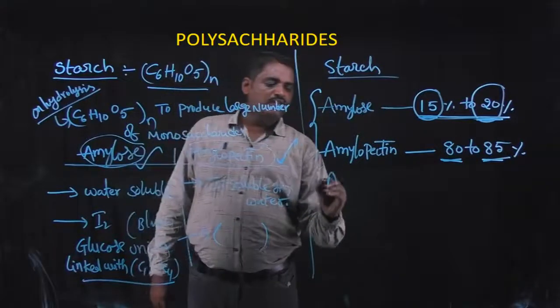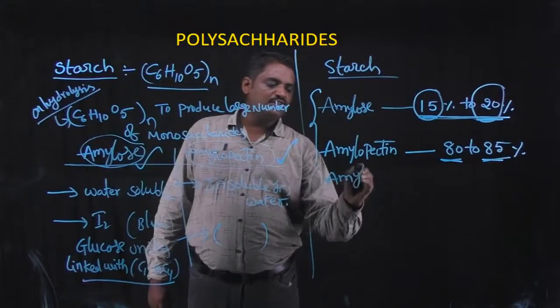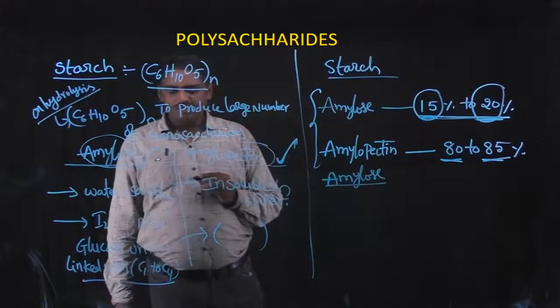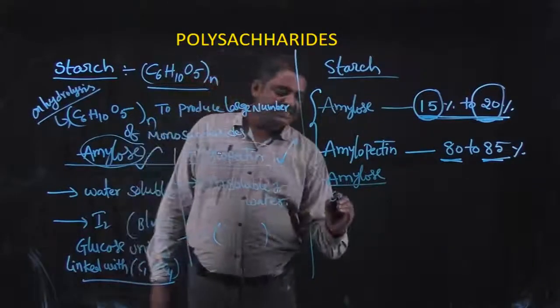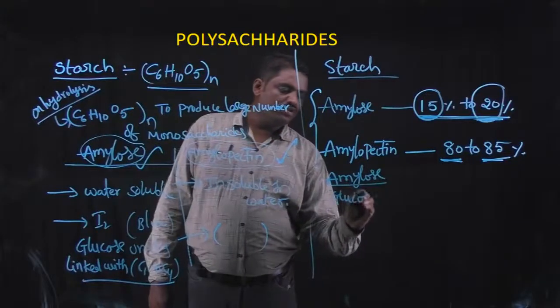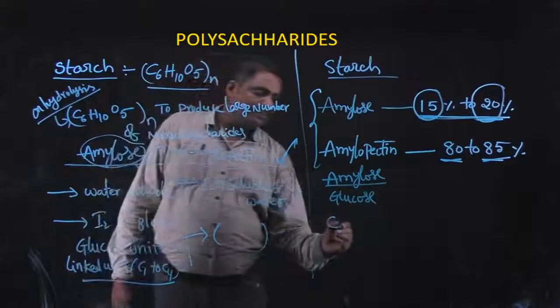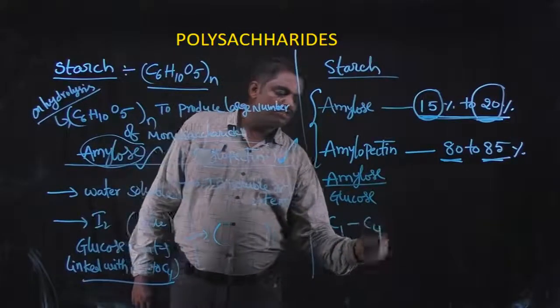In the first component, the first ingredient is amylose. Amylose contains glucose units. These glucose units are linked with C1 to C4.